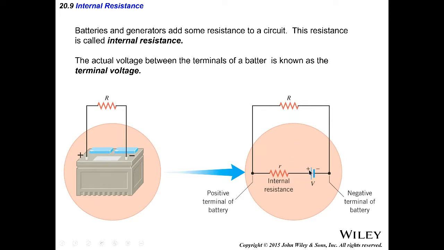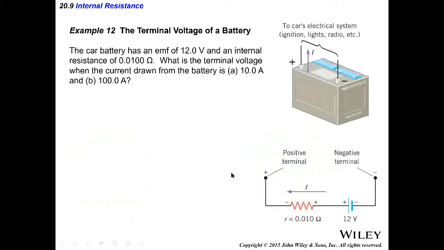So when you are more fussy, then you realize that all instruments have their own internal resistance, and for the battery there is also an internal resistance. It's usually not big, but nonetheless, if you are very fussy and particular, then it becomes important.